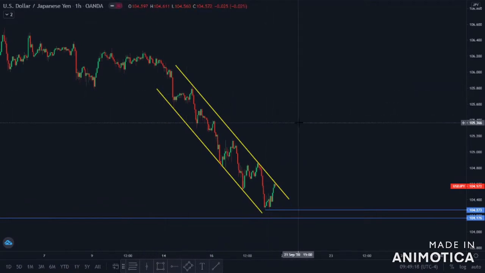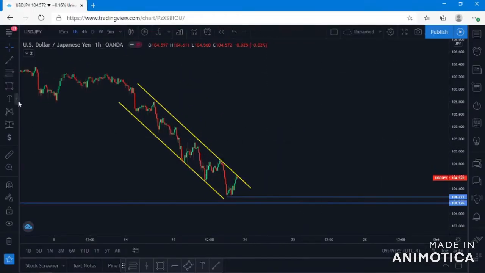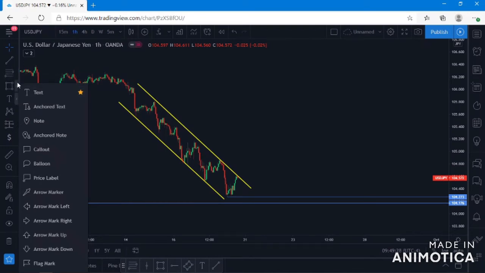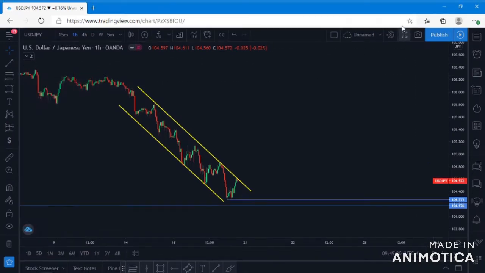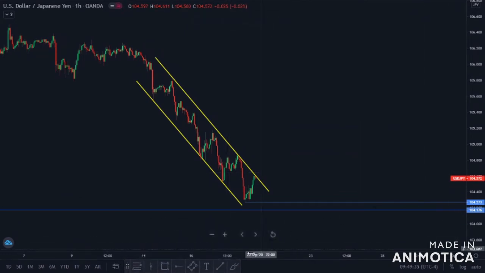Okay, so now at this point, what can you do to take advantage? Alright, so what you can do is, let me just get out this tool. Alright, what you can do to take advantage is wait for price to head towards the downside, either to this support here or much lower, and then you can obviously set your entry right there.